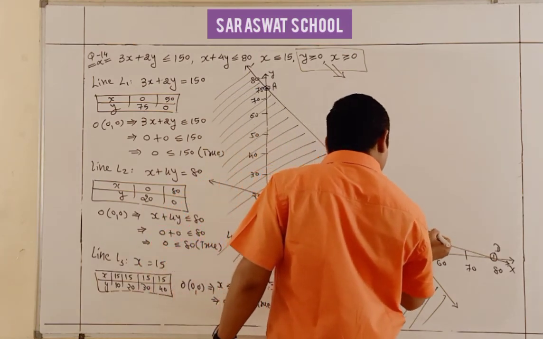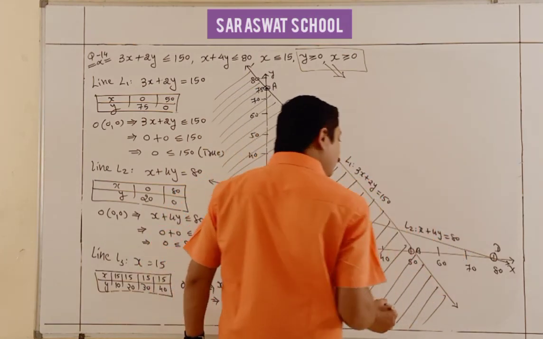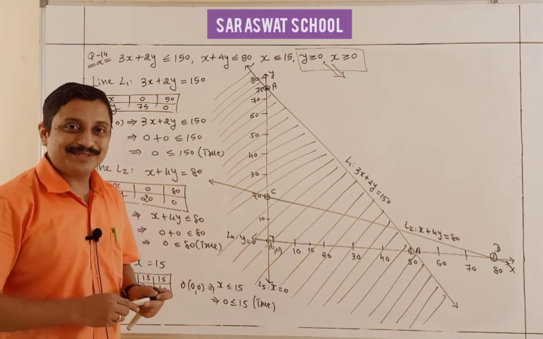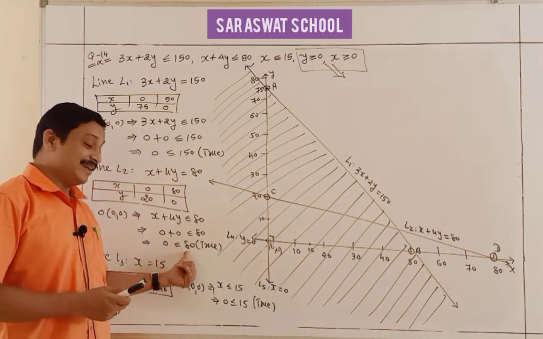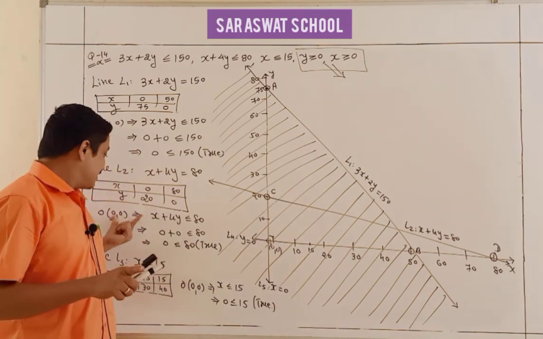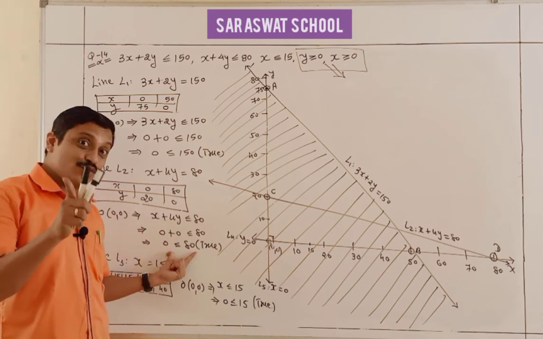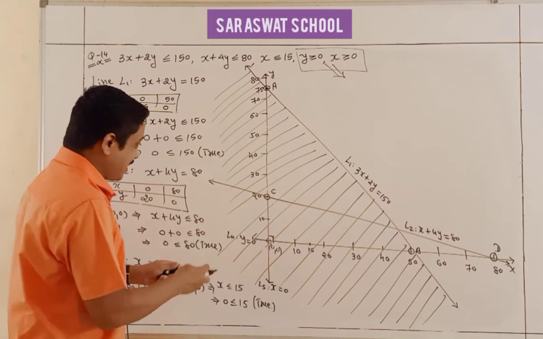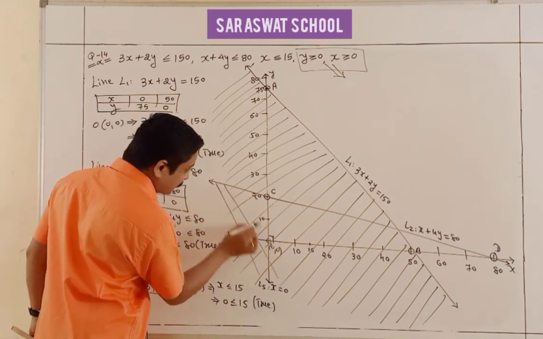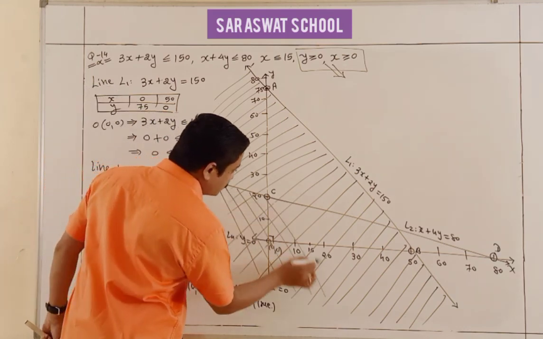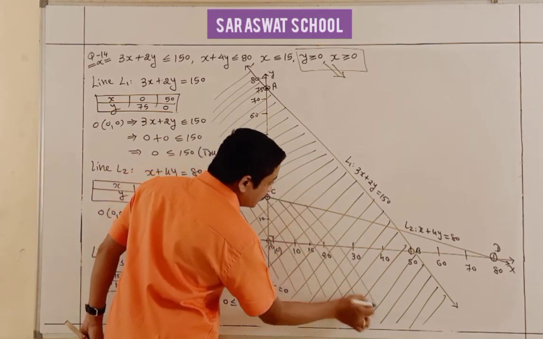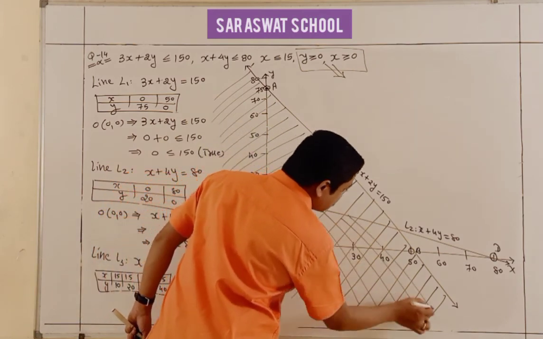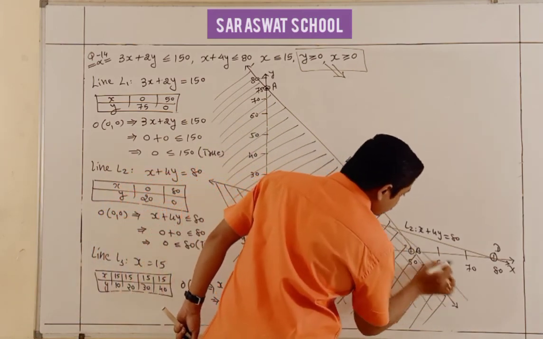X plus 4y is equal to 80. And is it true for origin? Yes, already checked. It is true for origin. It is again downwards. This way I just make the shading line. The second shading is for the L2 line towards the origin side.